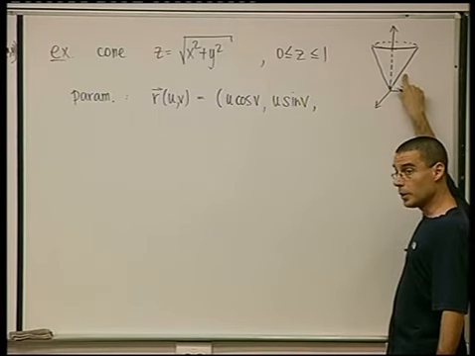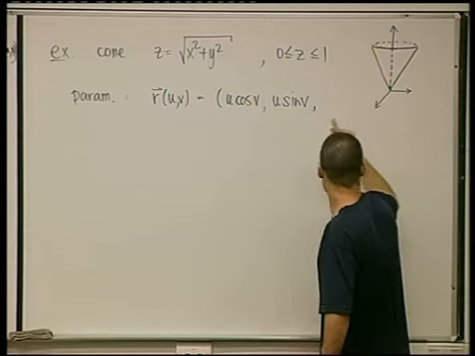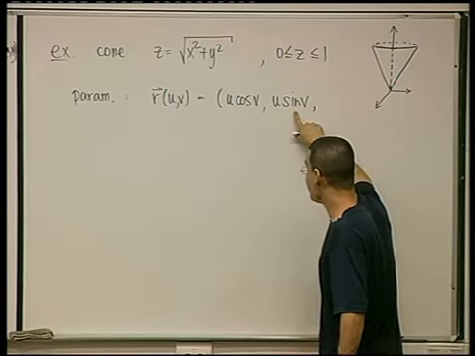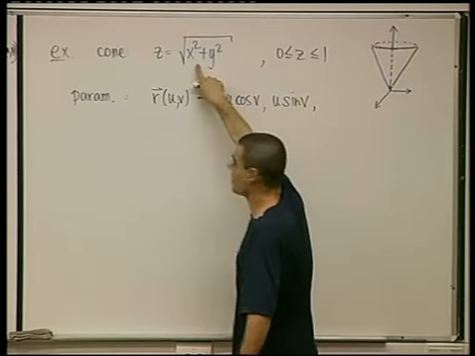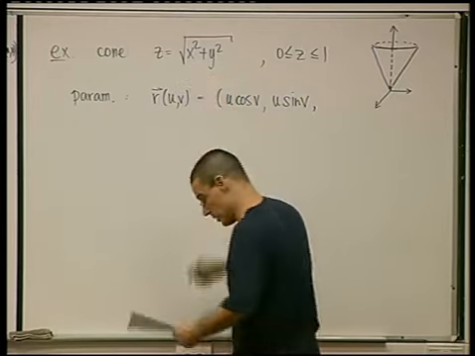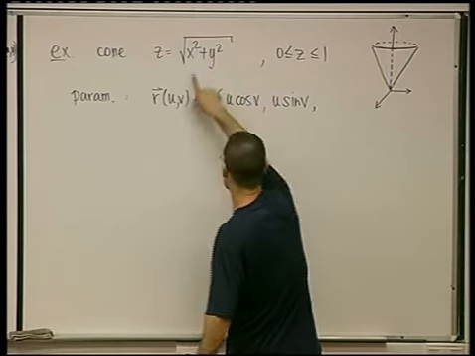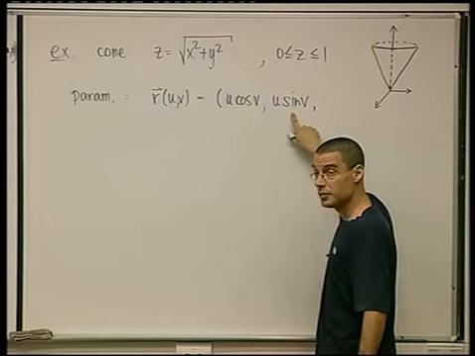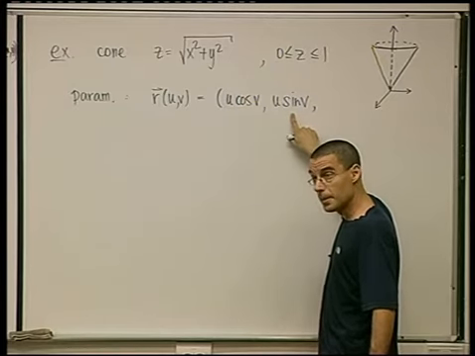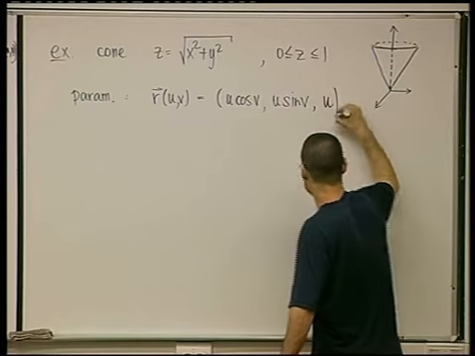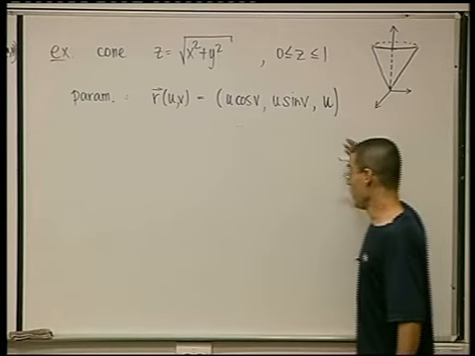Points on the cone are of the form U cosine V, U sine V, and the Z has to satisfy this. So the Z is going to be the root of U cosine V squared plus U sine V squared, which is U squared, the root of that, U. And what are the restrictions?